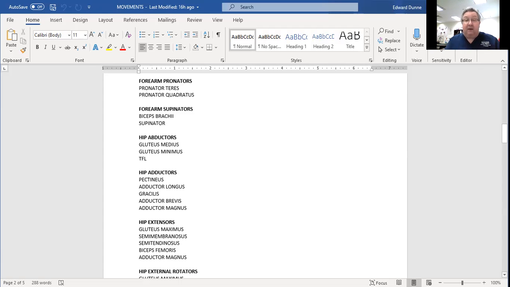Okay, and again, so we said the Pronator Teres comes from the medial epicondyle, which is the common flexor tendon. The supinator comes from the lateral epicondyle, which is the common extensor tendon. It also then inserts onto the radius.